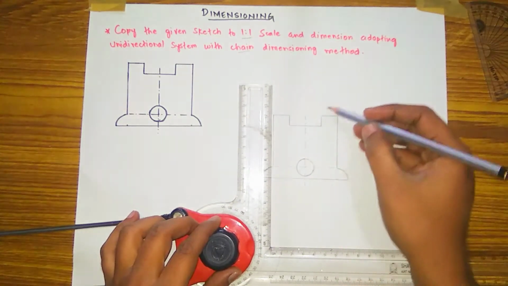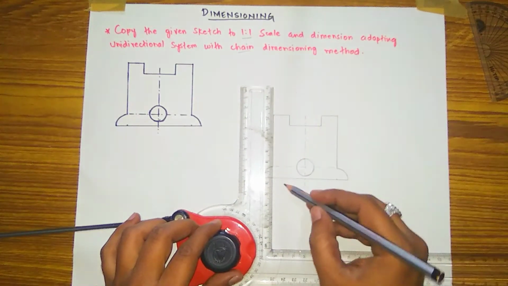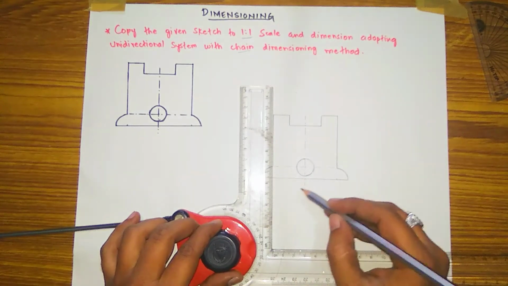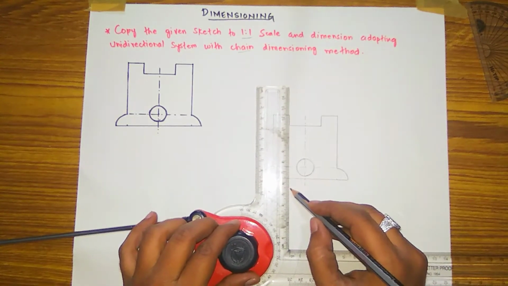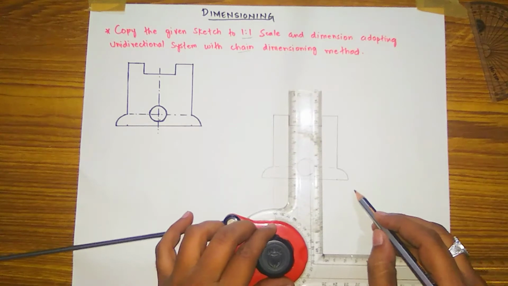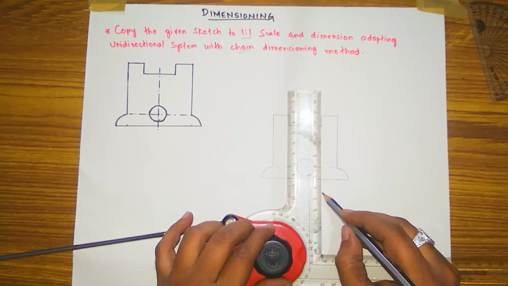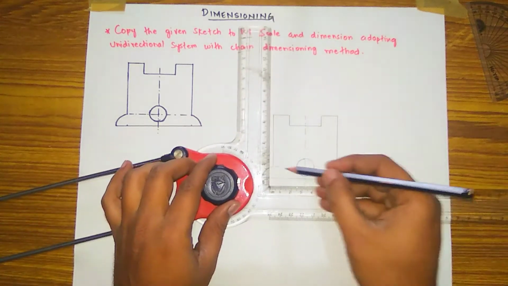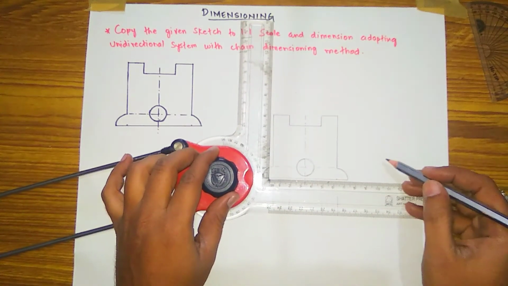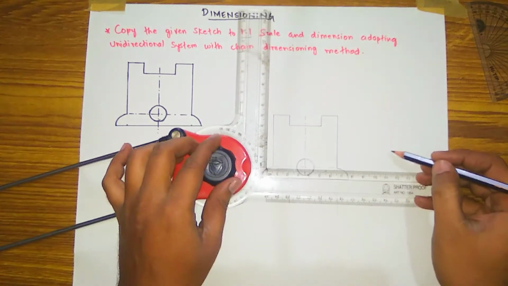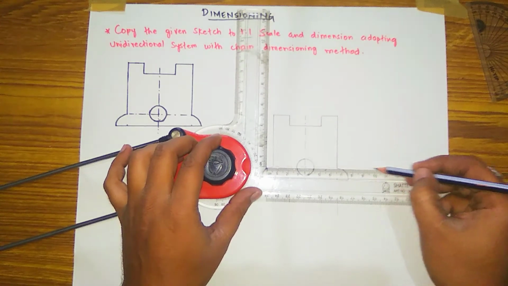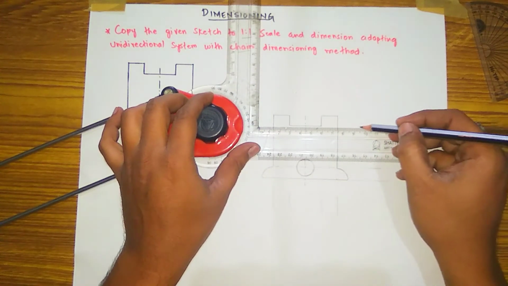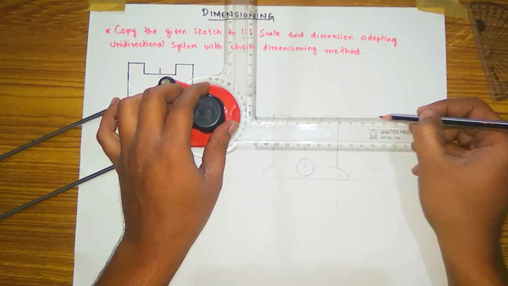See how many vertical and horizontal lines we are getting. From there we have to take the extension lines like this, downwards, and here also for the horizontal lines. Take them from there like this.